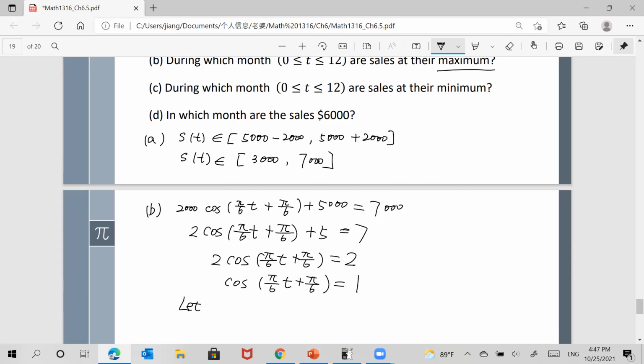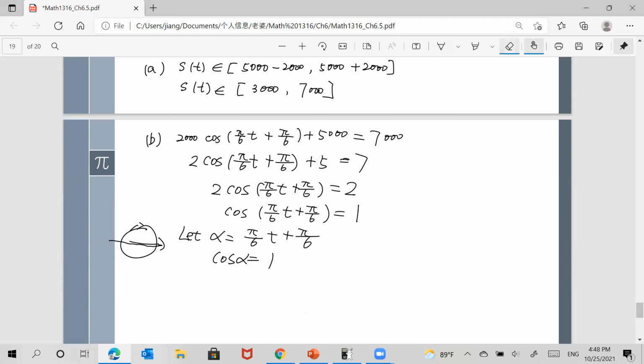So let this one equal alpha. Alpha equals pi over 6 t plus pi over 6. So cosine alpha equals 1. And if I draw a unit circle, this is not beautiful. Okay, if I have a unit circle, then every point on here is cosine alpha, sine alpha. So when this term is 1, that means the x value is 1.